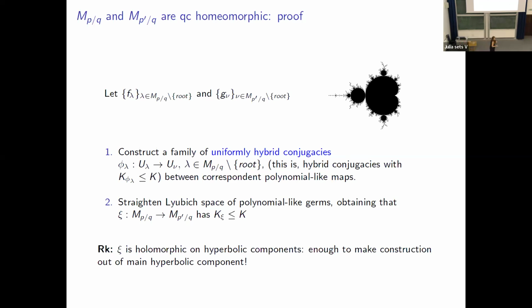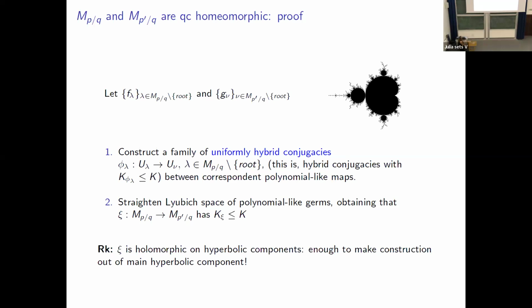And we construct a family of uniformly hybrid conjugacies between corresponding polynomial-like maps, with a dilatation uniformly bounded. And I repeat again, we need to do this outside the main hyperbolic component, because on the main hyperbolic component everything is holomorphic and we're happy.